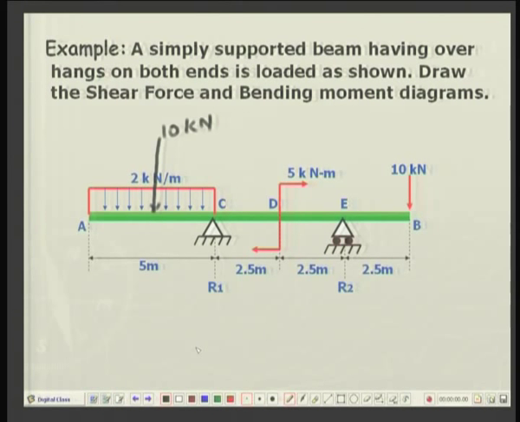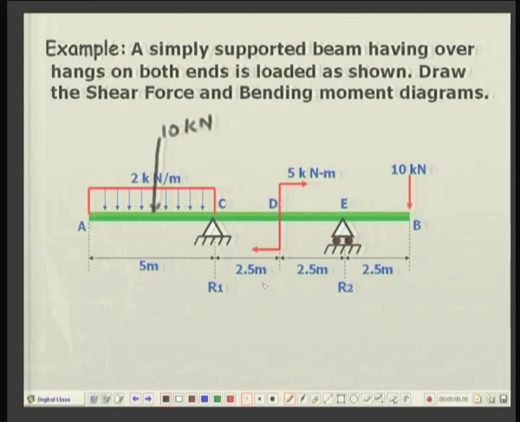Write down the equations of equilibrium, and in this manner you proceed. The third section will be over here, the fourth will be in this part of the beam. So, if you proceed from section to section and analyze each of the internal free bodies, you can derive those equations for bending moment and shear force, and then you plot them.